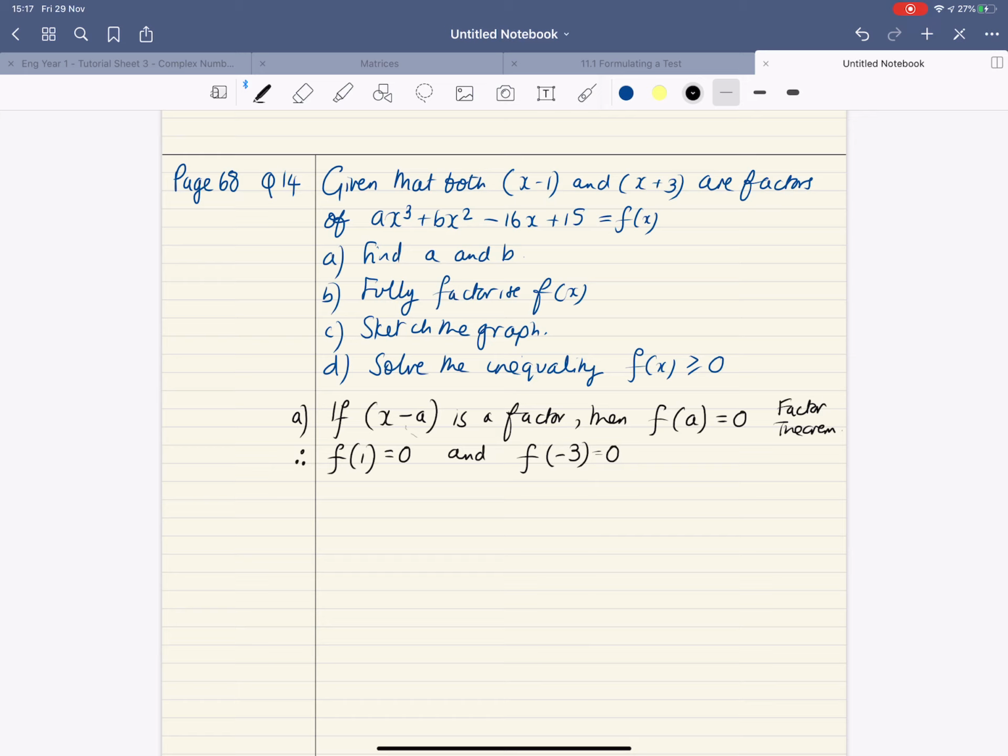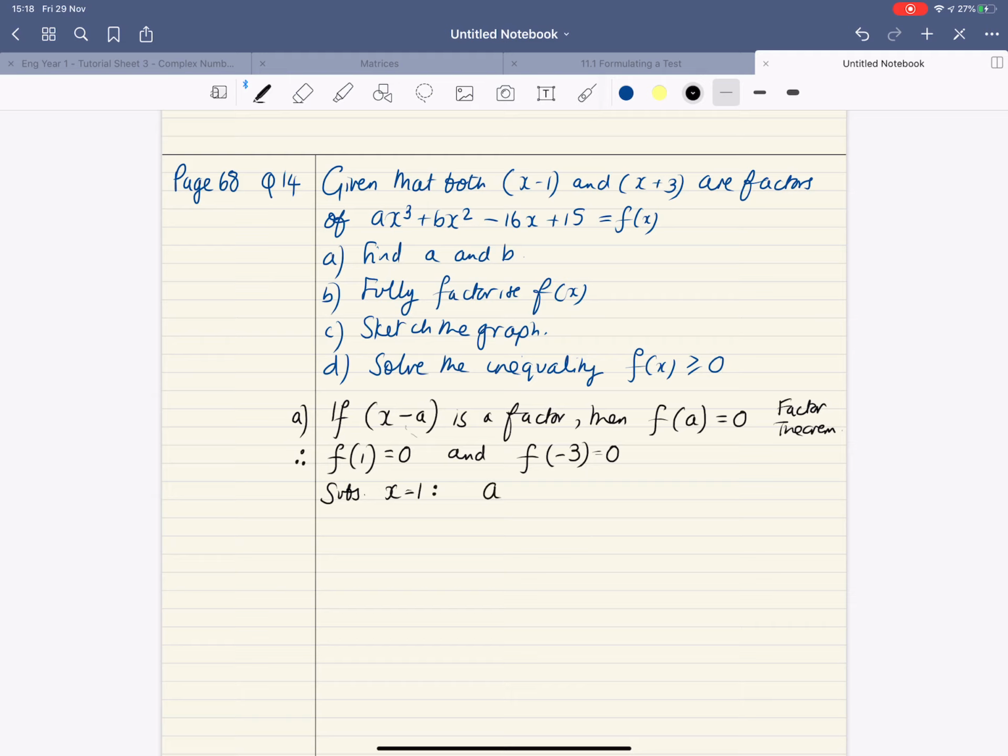So we can put x is 1 in here and put a note there. And then put x is minus 3 in here and it equals 0. Then we'll get simultaneous equations for a and b. And we can solve the simultaneous equations, then we know what the cubic is. So first of all, let's substitute x equals 1 and we get a.